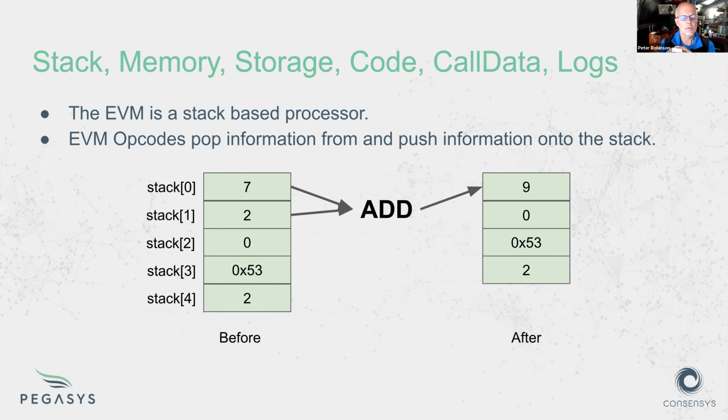And so when you have to do an operation, you take input from the stack and you pop that input off, and then you push onto the stack the result. So add is popping off the stack 0 and stack 1 being 7 and 2. It's adding them together and pushing the result 9 onto the stack.